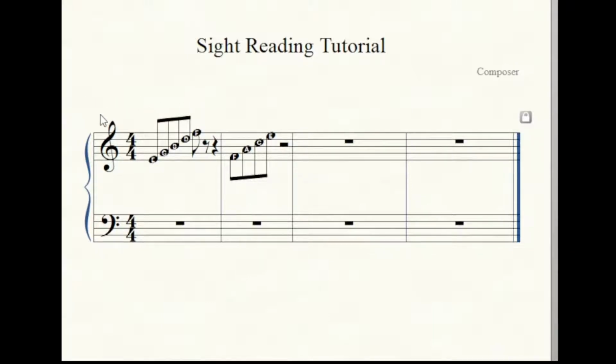So these are the notes on the treble clef. Of course, there are notes below these lines and notes above these lines because the piano has many more notes, and those are ledger lines, and we'll get into that a little later. So that's the notes on the treble clef.